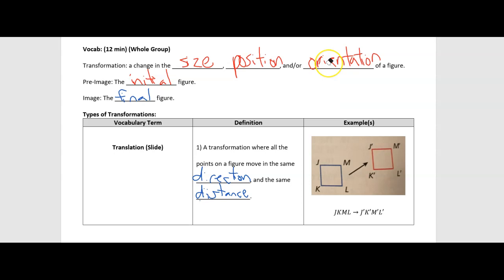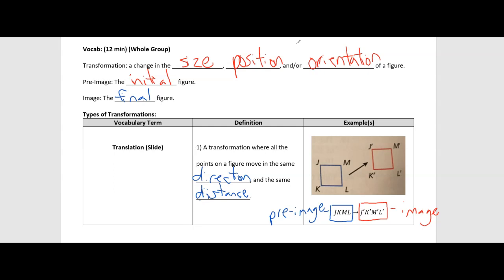So we will do blue for the pre-image. So we've got a pre-image here, and we have a post-image here, just called an image. Excuse my incorrect vocabulary.